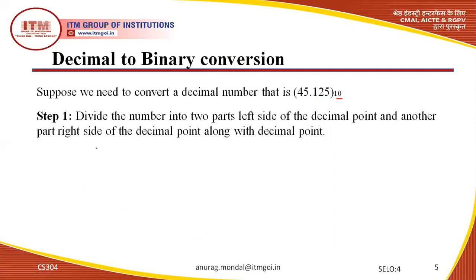First step: divide this number into two parts, one part before the decimal point and another part after the decimal point, along with the decimal point. The first part consists of 45 and the second part consists of 0.125.